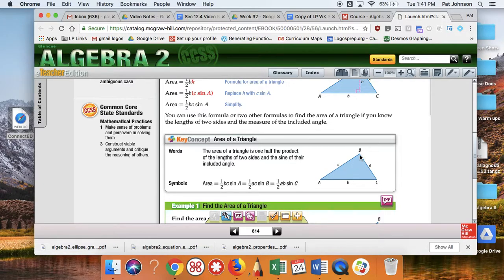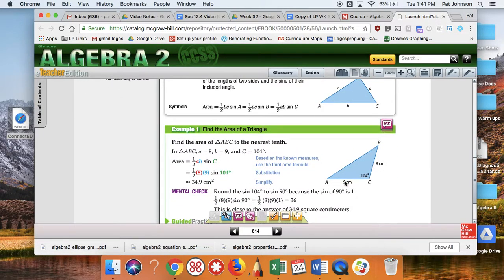That's equal to 1/2 of little a times little c times sine of B, the inclusive angle. It's also equal to 1/2 of a times b times sine of C, because C is the inclusive angle between a and b.